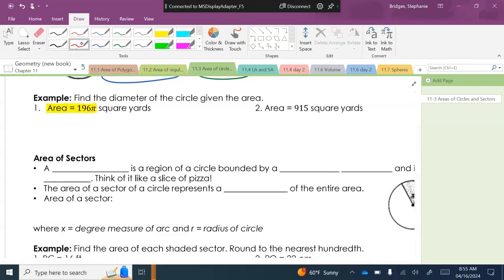Okay. What's the formula for area? Pi r squared. So do you see where it says A or area there? If I take out that area and I replace it with the area formula, pi r squared equals, what did they tell me the area actually was? 196 pi.